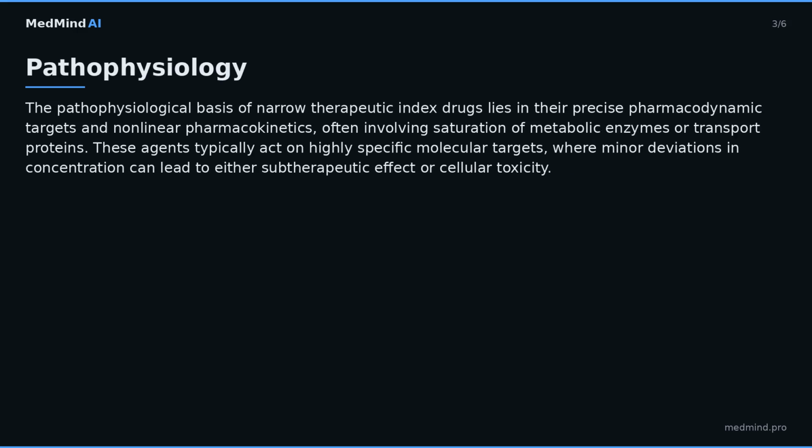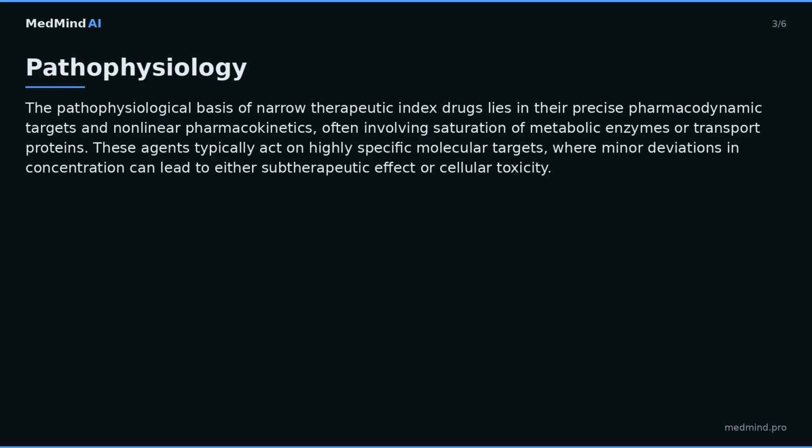Pathophysiology. The pathophysiological basis of narrow therapeutic index drugs lies in their precise pharmacodynamic targets and nonlinear pharmacokinetics, often involving saturation of metabolic enzymes or transport proteins. These agents typically act on highly specific molecular targets, where minor deviations in concentration can lead to either subtherapeutic effect or cellular toxicity.